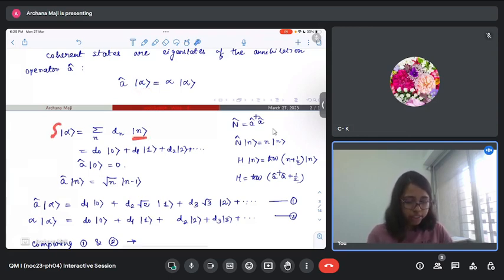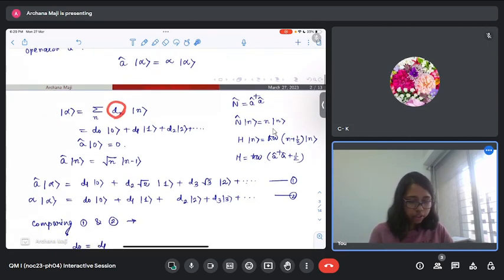So this is what we start with, and these coefficients are unknown. We substitute this alpha state into the equation and try to figure out what these coefficients are. Now n starts from 0 and goes up to infinity.